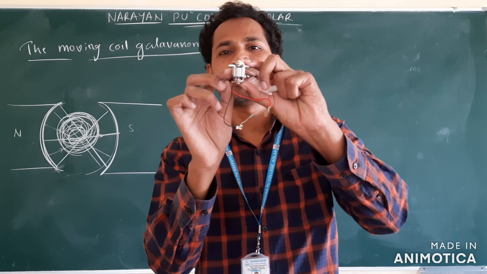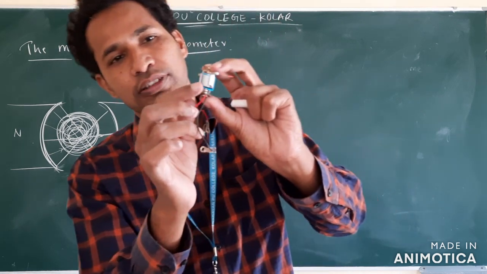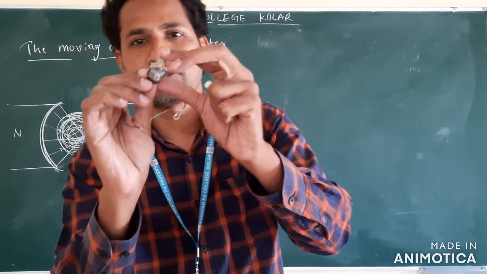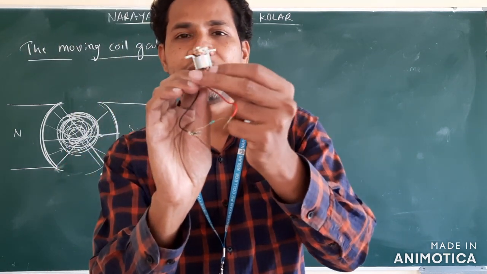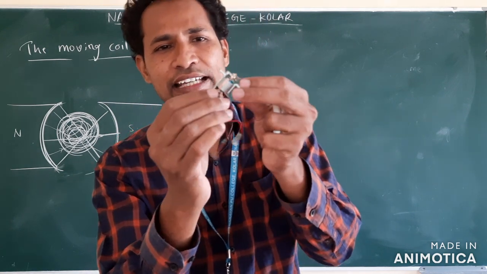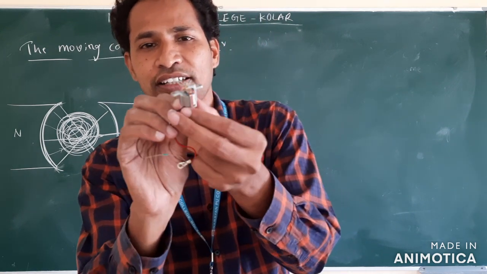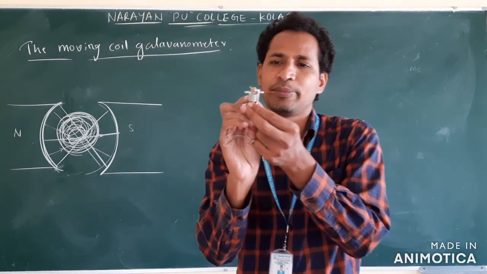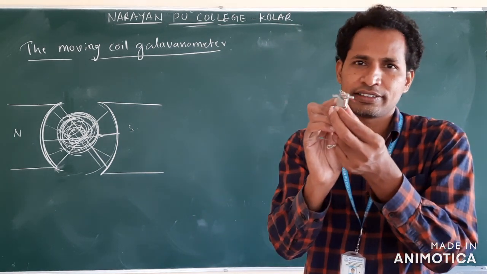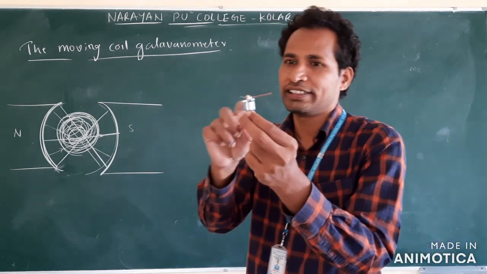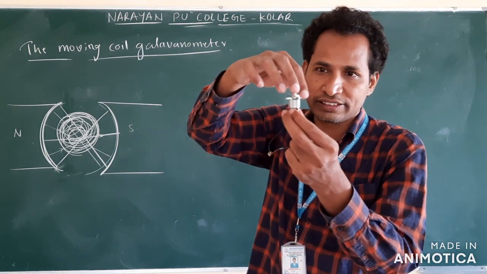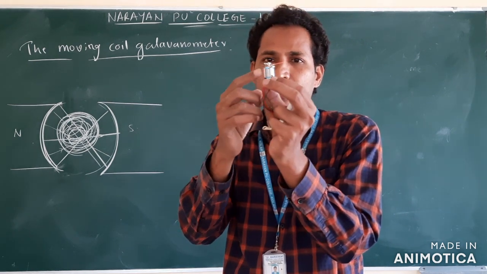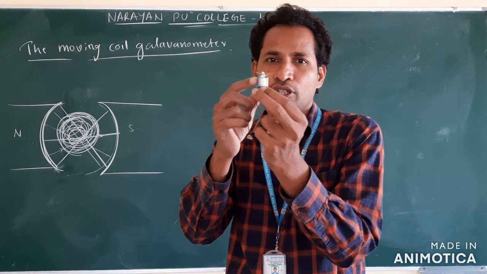Over this there is a copper frame, a rectangular one with copper windings. This is free to rotate over the ferromagnetic cylinder. Drawing this is not possible here, that's why I am showing this device. Cylindrical soft iron, and over it a copper winding frame is free to rotate.